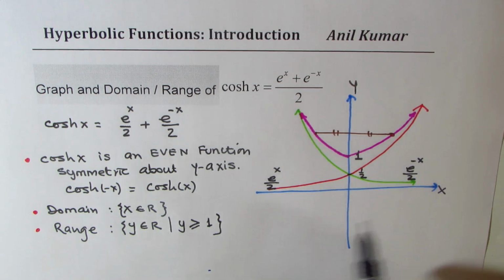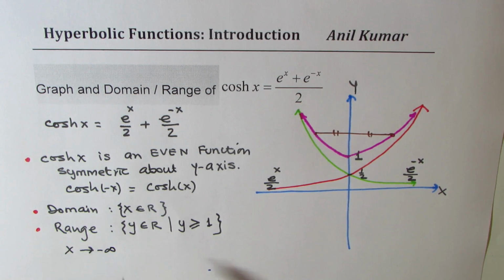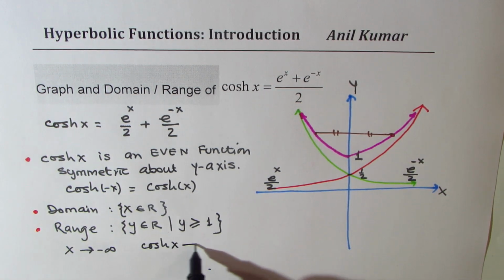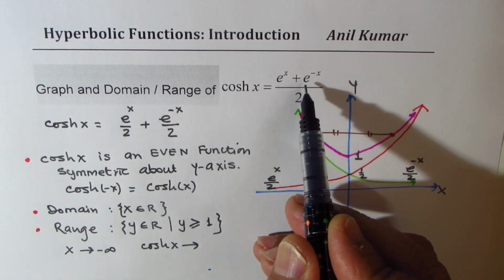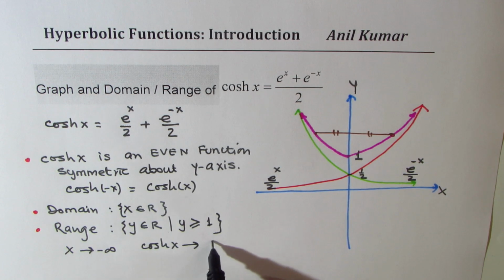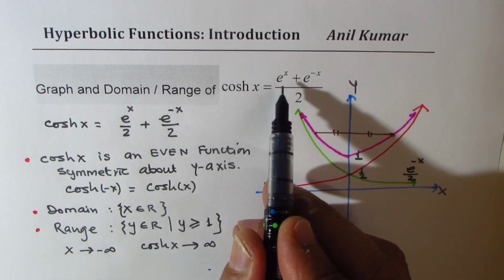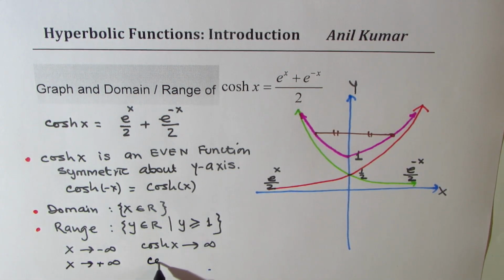You can also see that when x approaches negative infinity, in that case cos hyperbolic x approaches what? It approaches e to the power of minus x. It approaches infinity, which is positive. So it approaches the value of e to the power of minus x, correct? And when x approaches positive infinity, in that case also cos hyperbolic x approaches positive infinity, right?